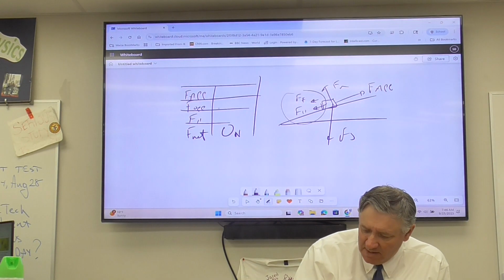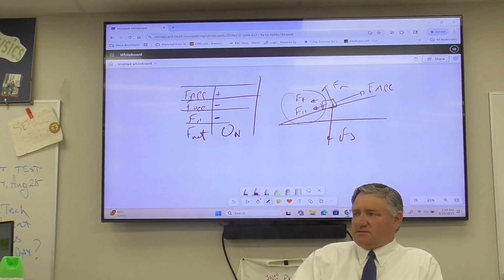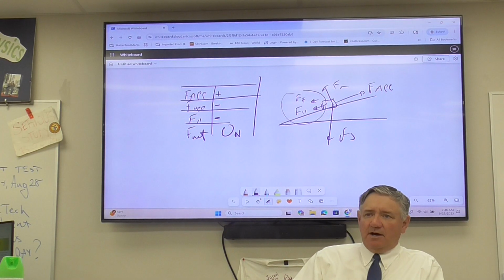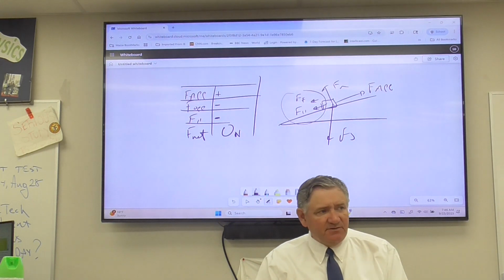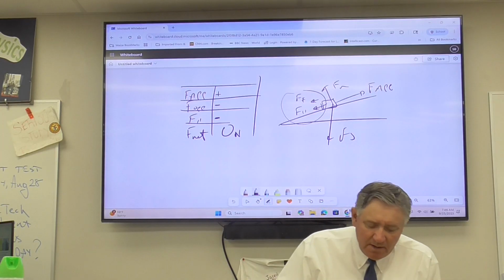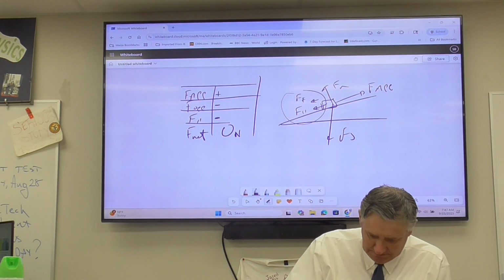You're going to have a negative force friction, a negative force parallel, and a positive force applied. If that's what you want, great. Knock yourself out. If you want to make positive going down and negative going up the hill, great. Knock yourself out.